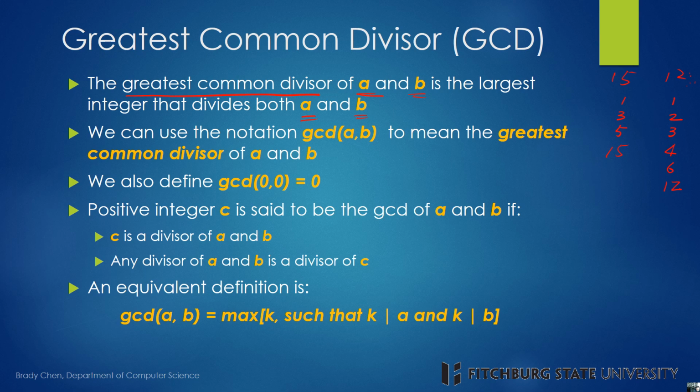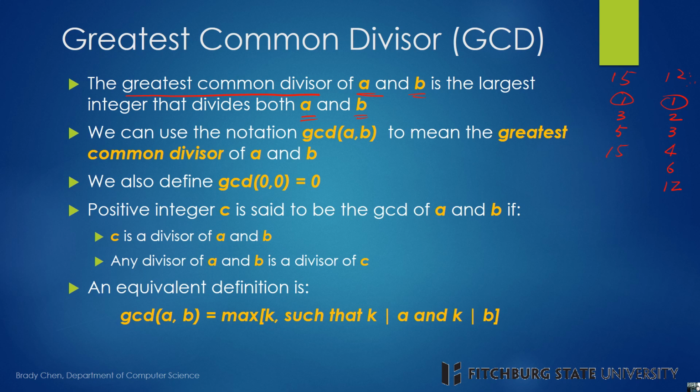Now we know that 1 can divide every number, so 1 is always a common divisor. That's trivial, so we normally ignore the number 1. And every number can divide itself.